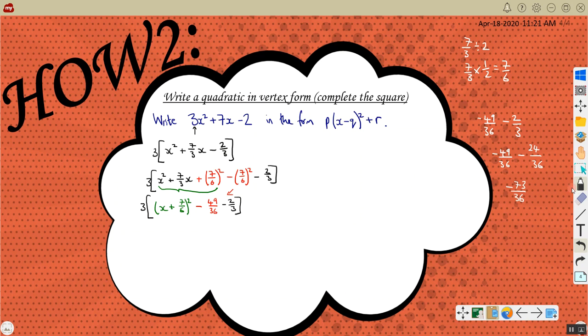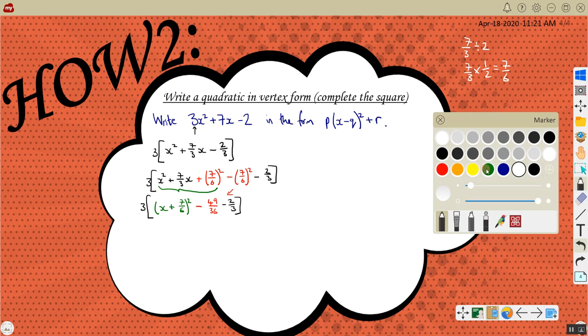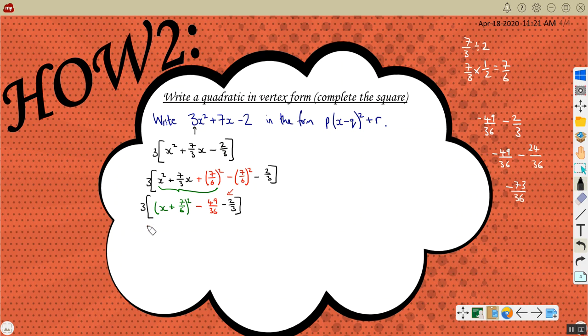Yep. And I can put that into my equation. So I've got 3 big bracket x plus 7 over 6 squared minus 73 over 36.